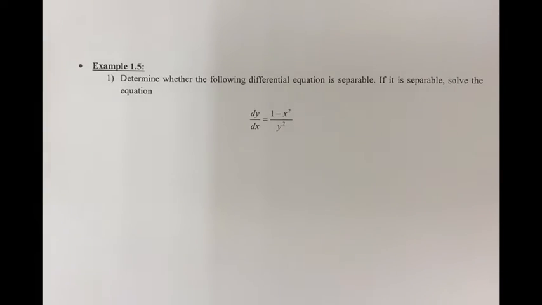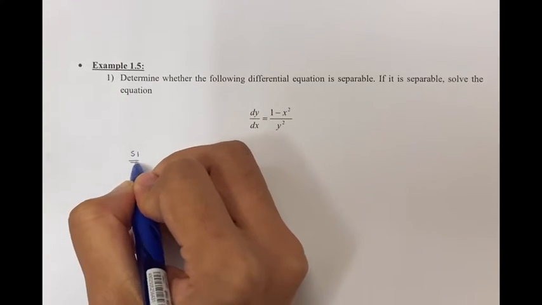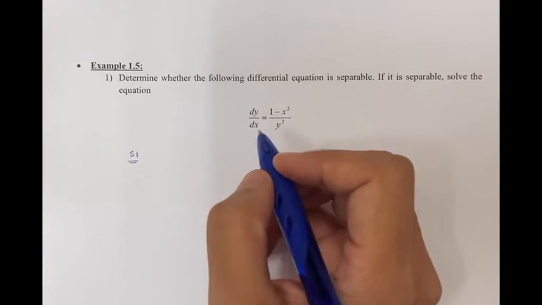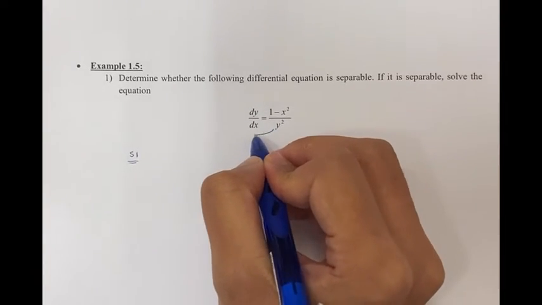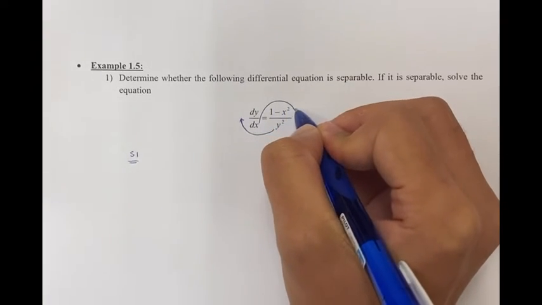First, we have to determine whether the following differential equation is separable, and if it is separable, we need to solve the equation. So given dy over dx equal to (1 minus x squared) over y squared. Start with the first step: you need to separate the variables. So move your y to the left hand side and your dx to the right hand side.